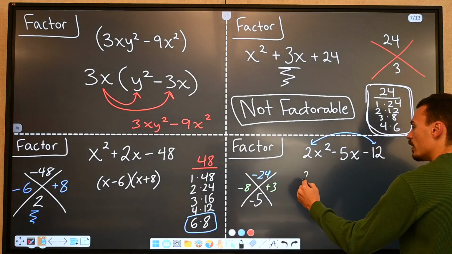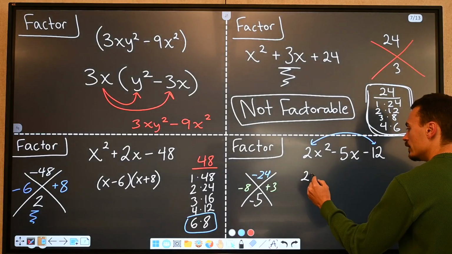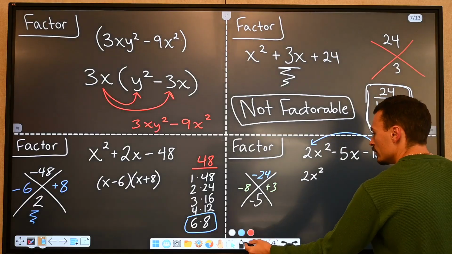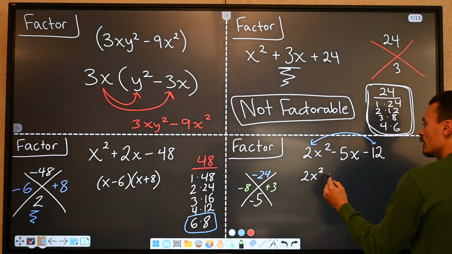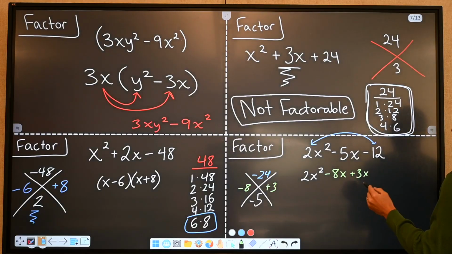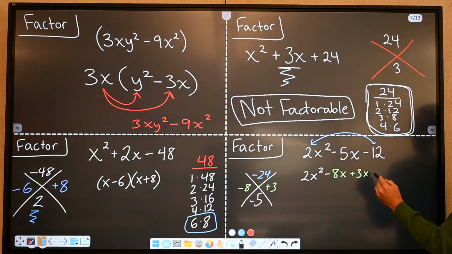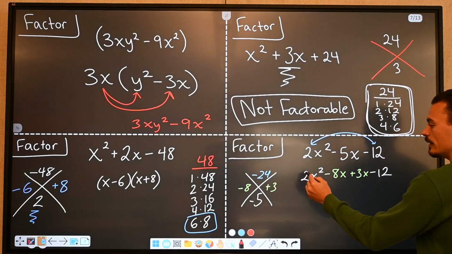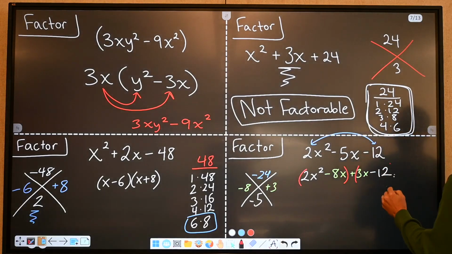So now we split up our polynomial. I will be reviewing this on the next slide, so if you are confused or zoning out, I need you to come back to me soon, and then we will factor by grouping.